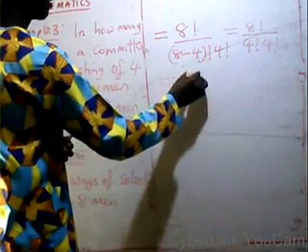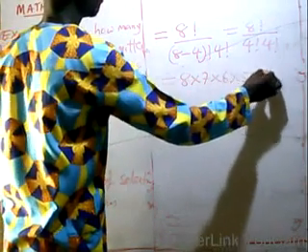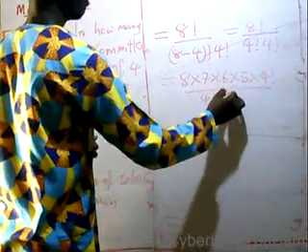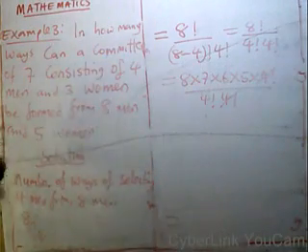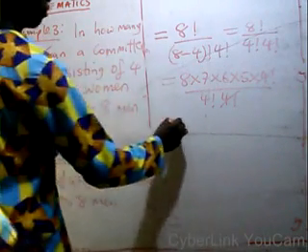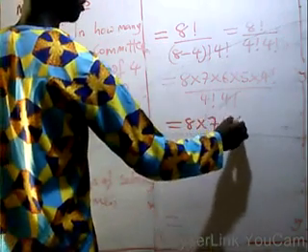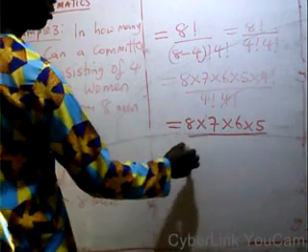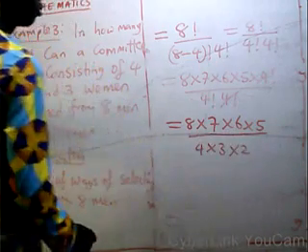And this is equal to 8 times 7 times 6 times 5 times 4 factorial all over 4 factorial, 4 factorial. Of course, 4 factorial and 4 factorial will cancel out. And I have 8 times 7 times 6 times 5 all over 4 times 3 times 2.